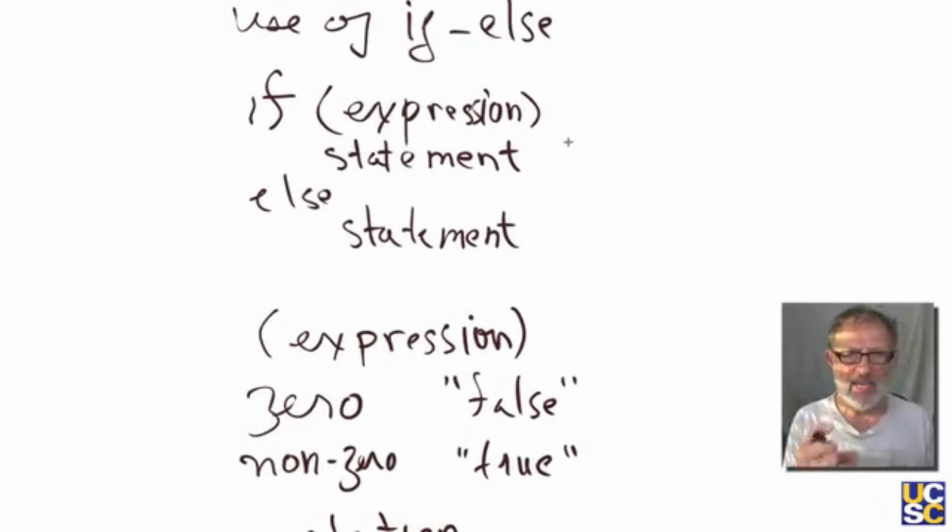And we can see how to use an if-else. The critical thing is the general syntax for it is if expression in between parentheses, then you do what I will call the true statement, else you'll do what I call the false statement.